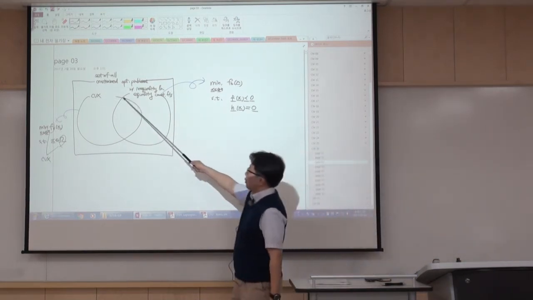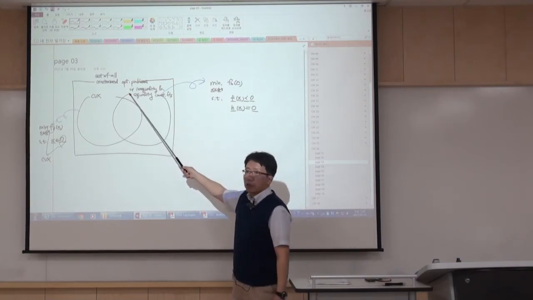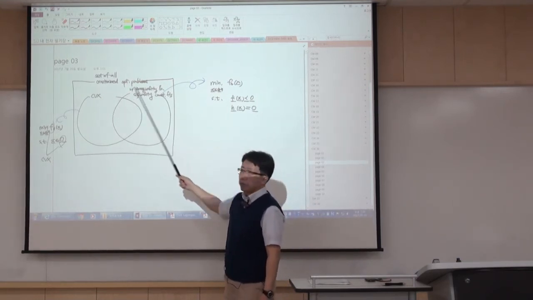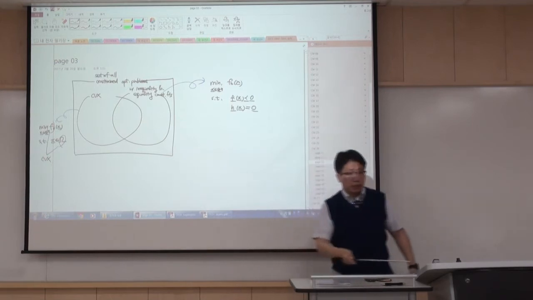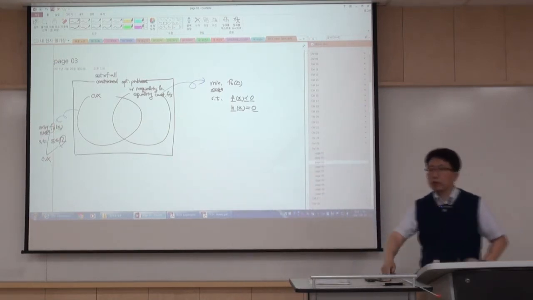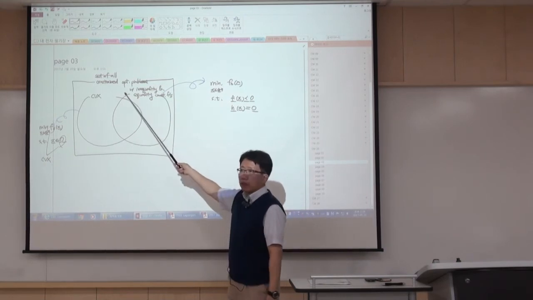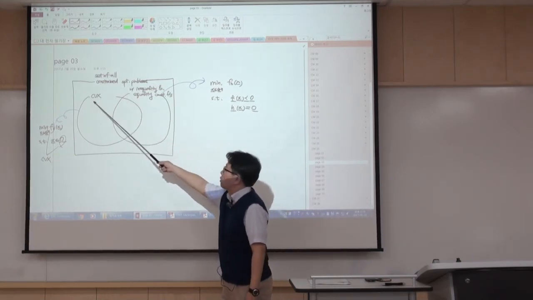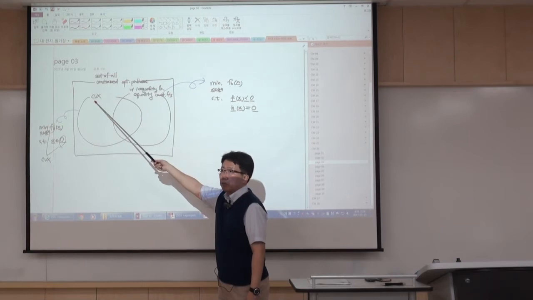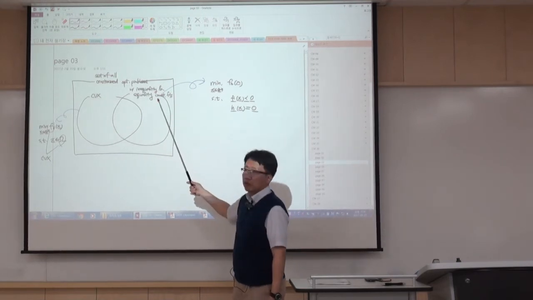There is a very important intersection between these two subsets of problems. And you may say that this subset is the set of convex optimization problems with equality and inequality constraint functions.